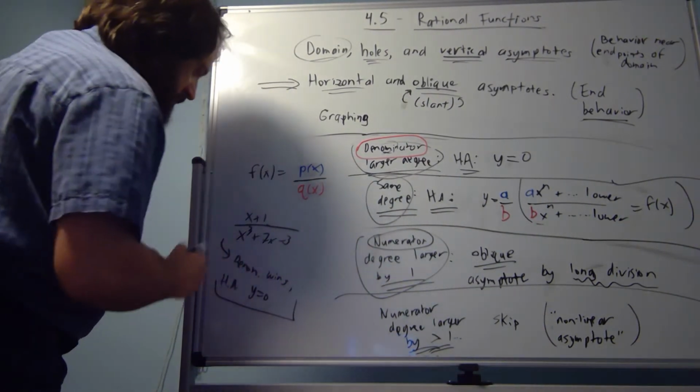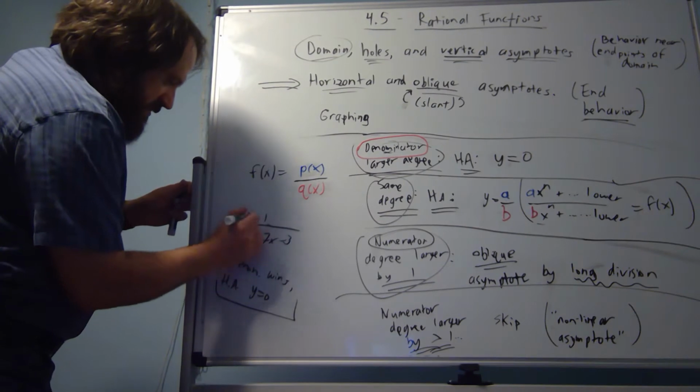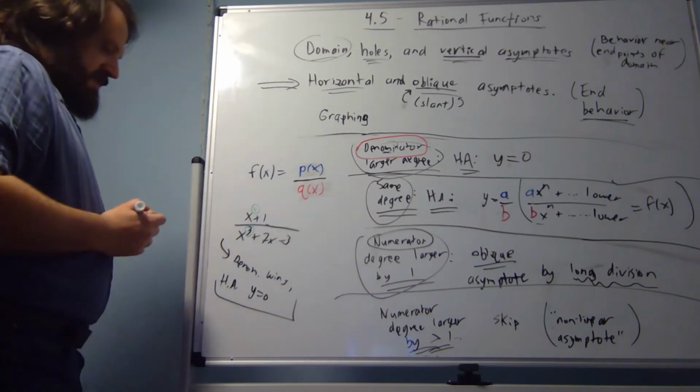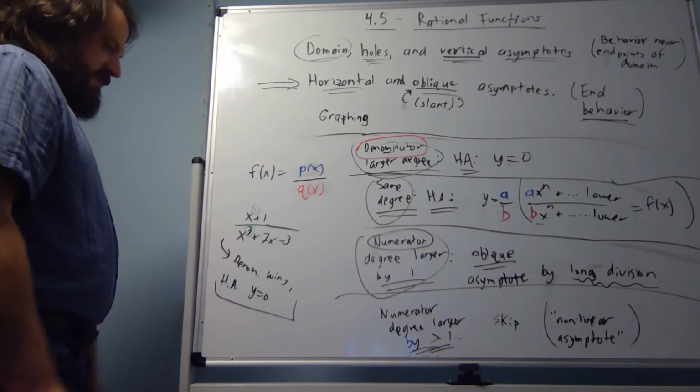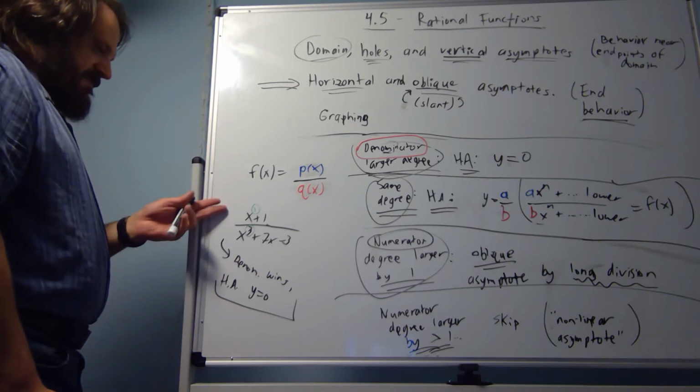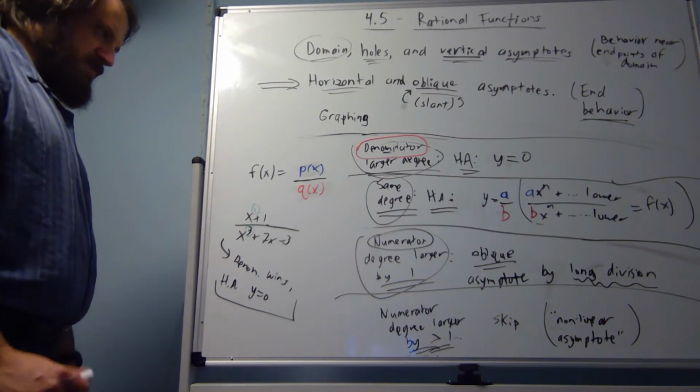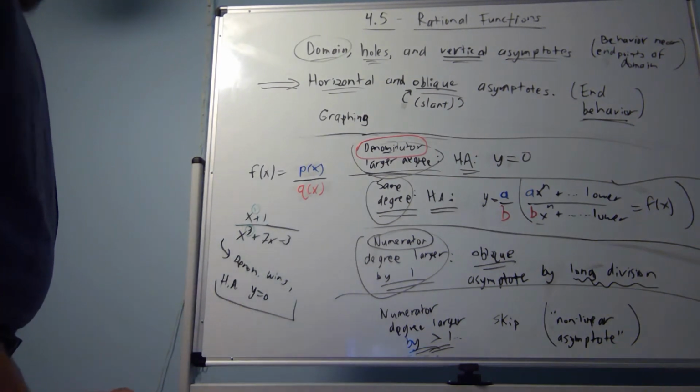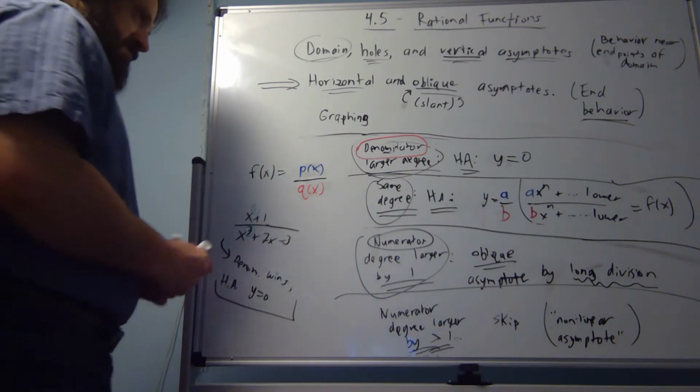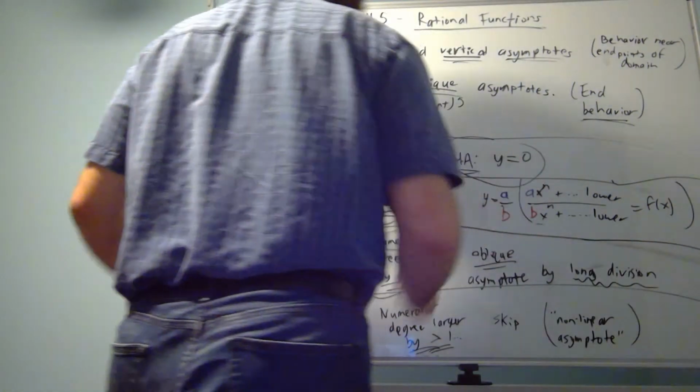Because here are the highest order terms, x to the third in the denominator is growing faster than x to the first in the numerator. And that's this right here.